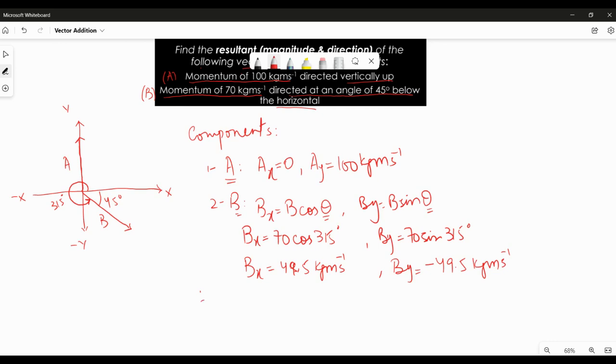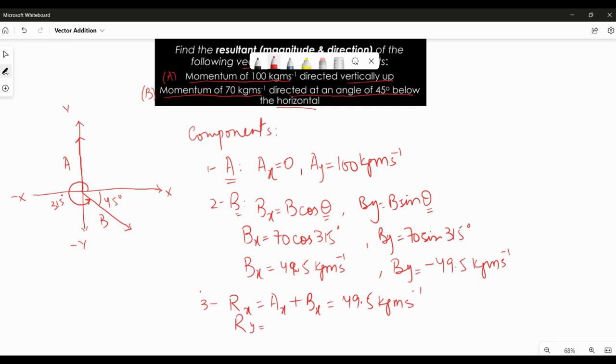Now, the third step, we are going to find the x and y components of the resultant vector. The x component of the resultant vector will be nothing but the algebraic sum of the individual x components, and if I work it out, I will get Ax equals 0, Bx equals 49.5, so the resultant vector will have an x component equal to 49.5 kilogram meter per second.